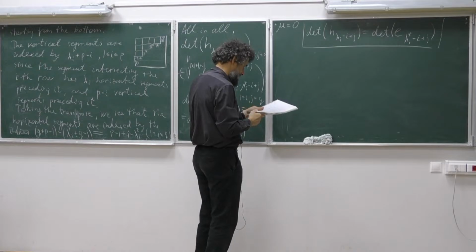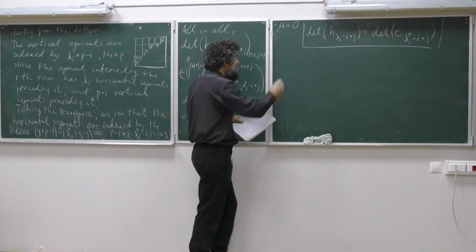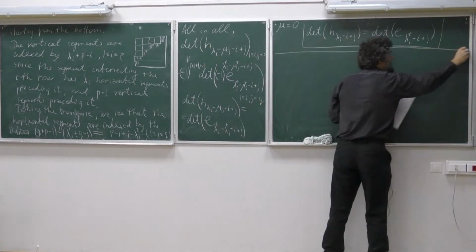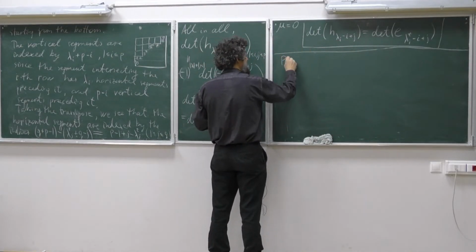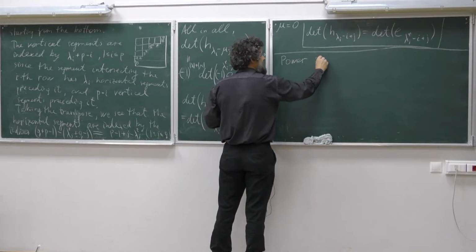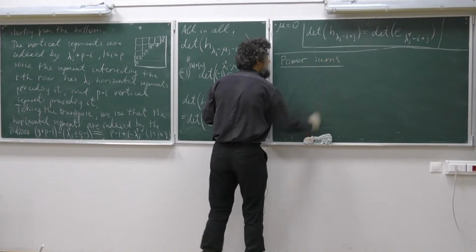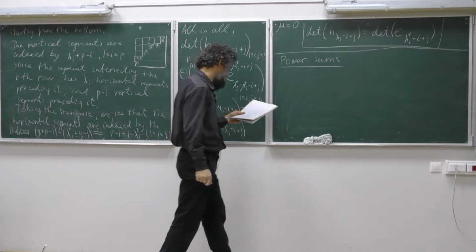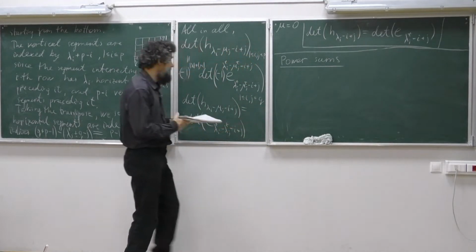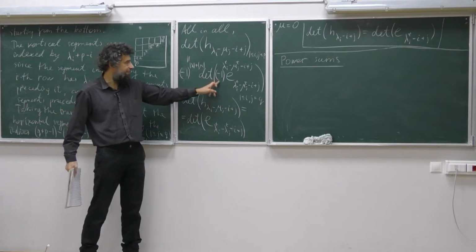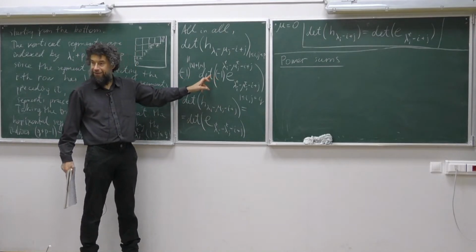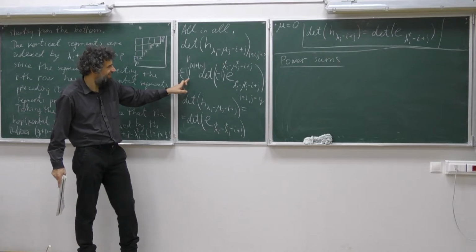And still we have 10 minutes, so let's do something about power sum functions. They canceled, this minus 1 cancelled with this minus 1. Well, maybe that's really an exercise.